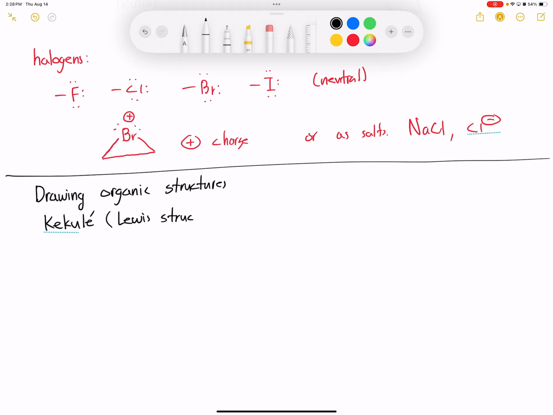They include all atoms drawn out and lone pairs on heteroatoms, and all the bonds are drawn at 90-degree angles, right angles, irregardless of what the actual shape is. So those are Kekulé structures.